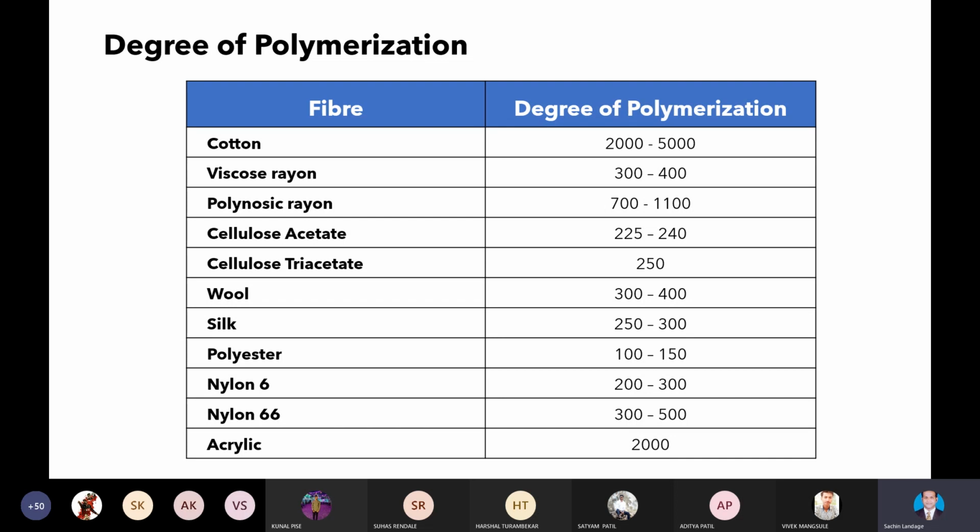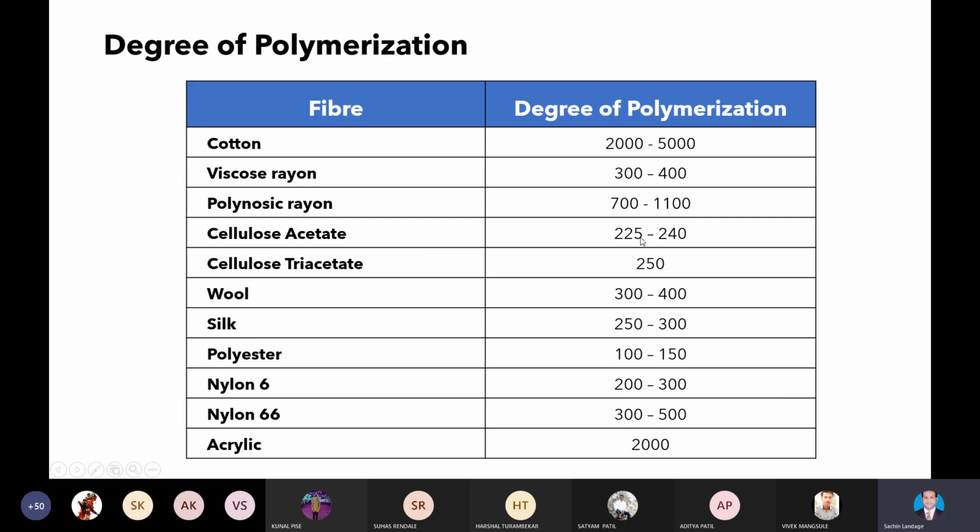We cannot compare these fibers with other fibers by degree of polymerization. I am comparing only the cellulosic ones because they have the same type of repeating unit. That's why we can compare them, because the beta glucosidic unit is the repeating unit in all of these.